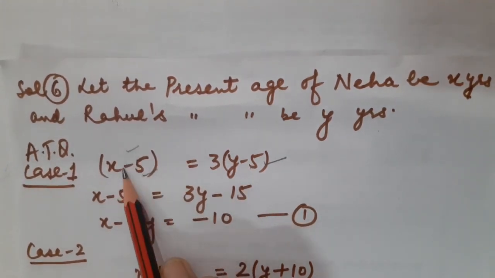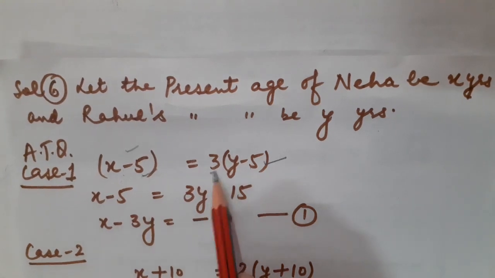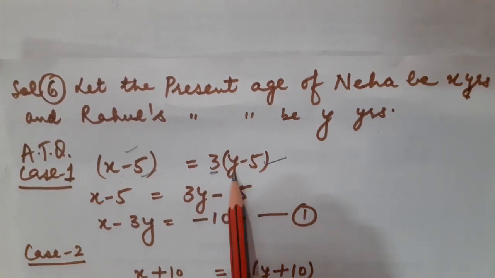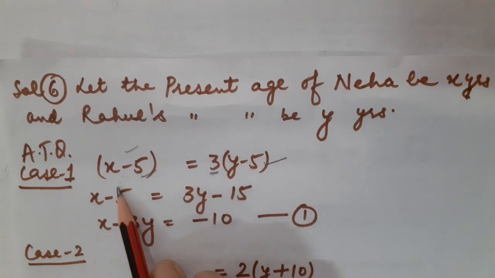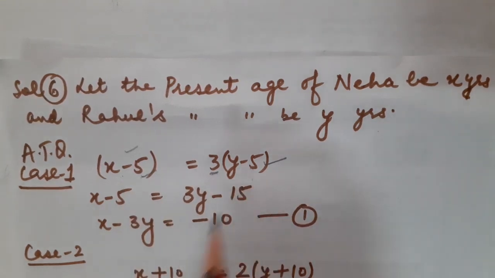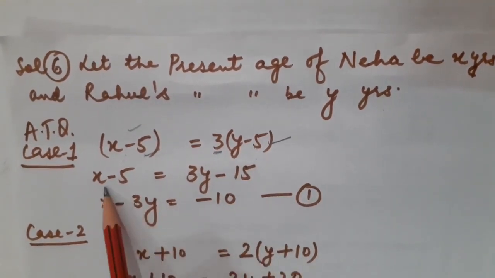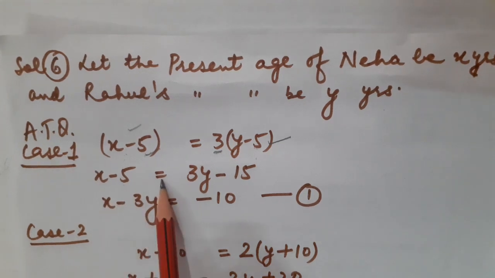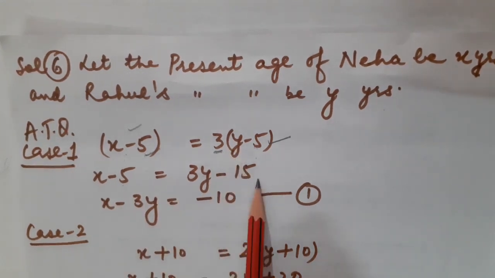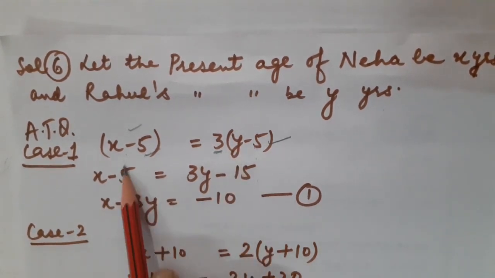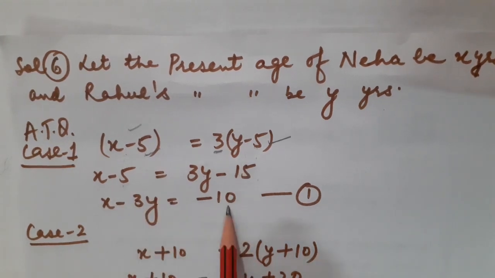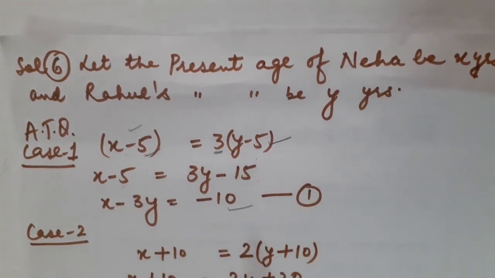So what is to be done? I have to multiply Rahul's age by 3 so that both the ages will be equal. Correct? So after solving, this is x minus 5 is equal to 3y minus 15. So x minus 3y is equal to minus 15 plus 5, that would give you minus 10.